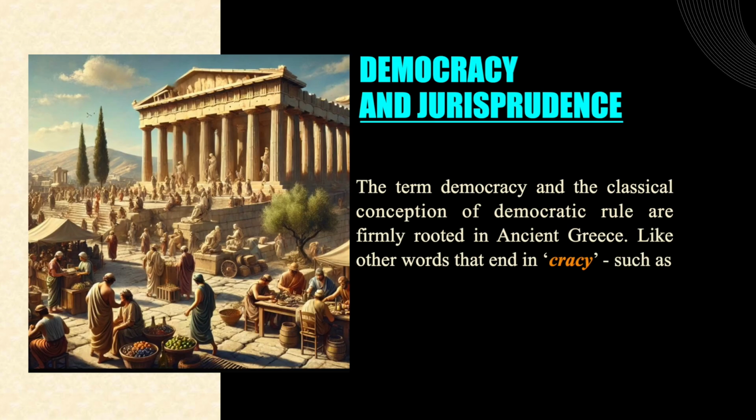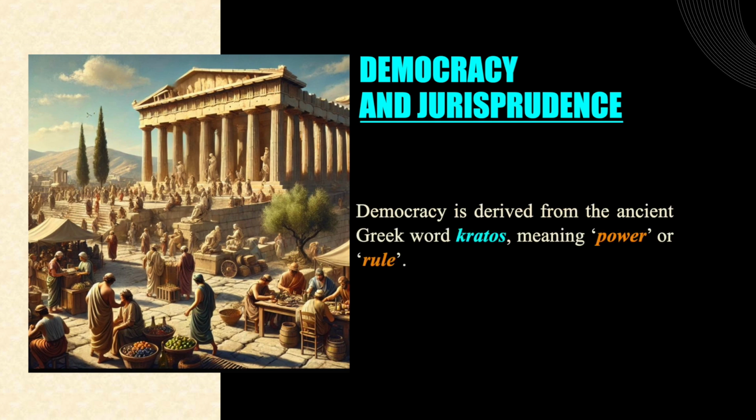The term democracy and the classical conception of democratic rule are firmly rooted in ancient Greece. Like other words that end in cracy, such as autocracy, aristocracy and bureaucracy, democracy is derived from the ancient Greek word kratos, meaning power or rule.